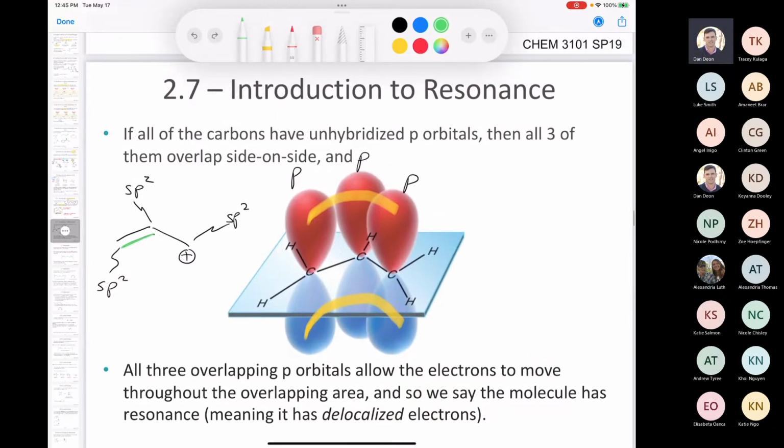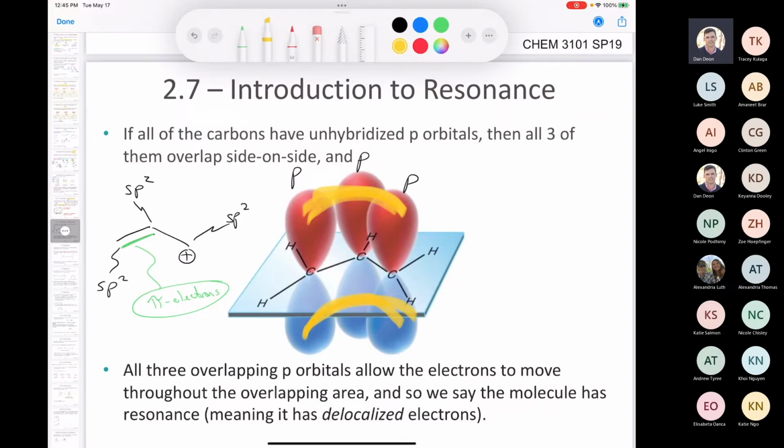And we say that those pi electrons are delocalized. You remember earlier today I said that electrons are like hyperactive children. If they can move, they will. Well, what happens is you have the pi electrons in the pi bond, but you give them all of this room to move.